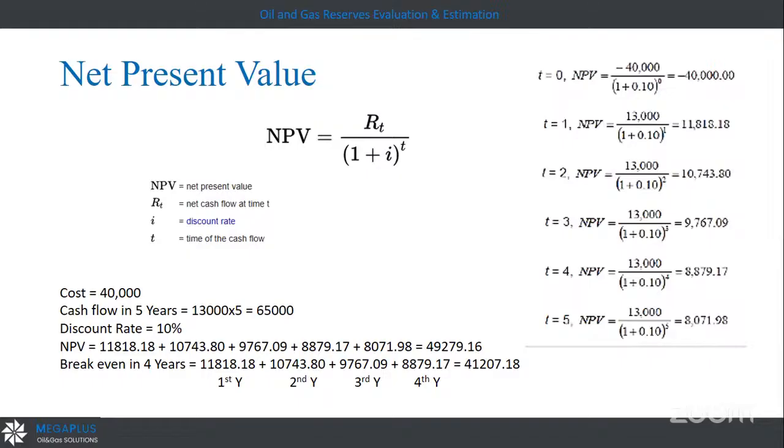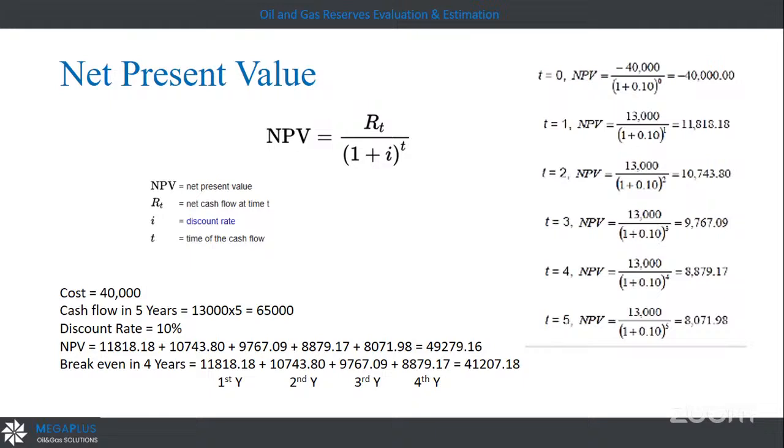When we say present value, here's the thing: in petroleum economics, or any economics, there is something called the present value. We all know that the value of money now is different from the value of money in the future.